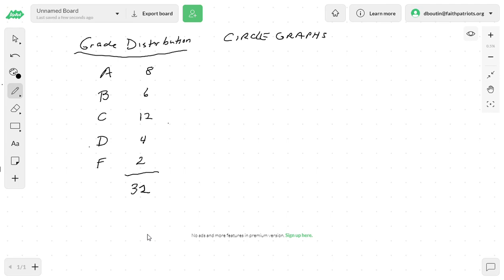There's not a one-to-one, one answer per student response. And so that kind of information would not be appropriate for a circle graph. Something that we would do later would be called a bar graph, and that would certainly be appropriate data for that.